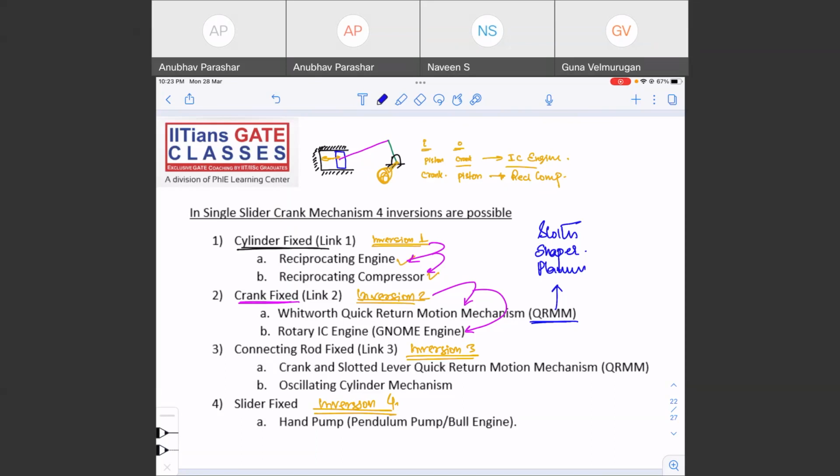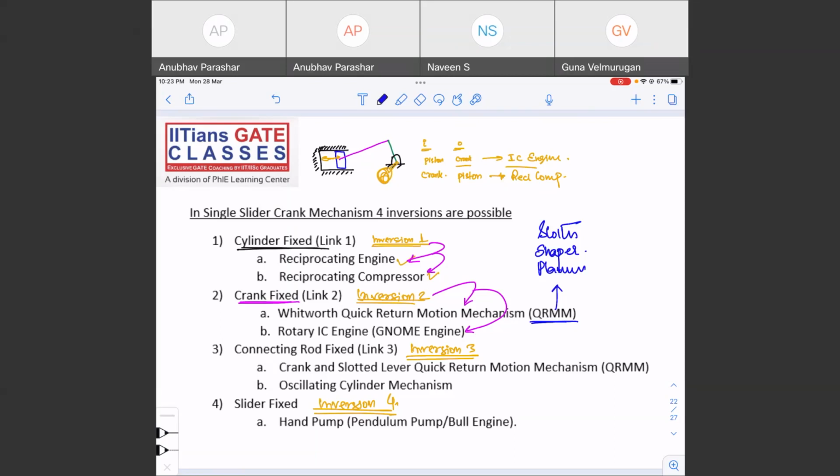While the return stroke, because it is coming empty and not performing any work, is coming back quickly. That is why it is called quick return motion mechanism. Always remember, quick return motion mechanism is used in shaper, slotter and planer, right?